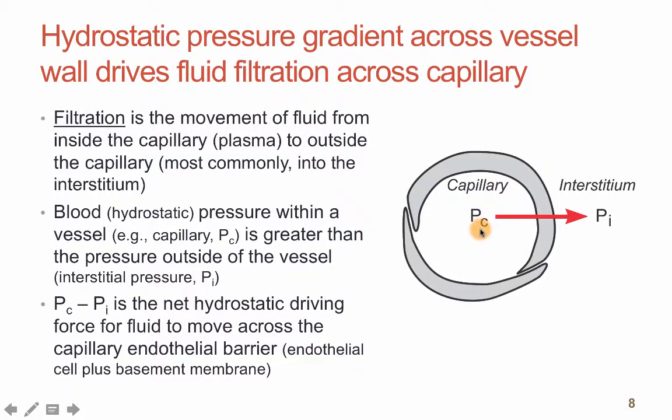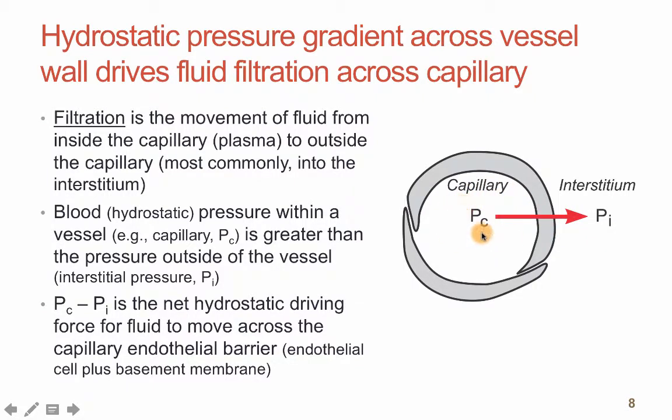Normally, in capillaries, fluid is moving out of the capillaries by a process that we call filtration. So fluid is leaving the plasma space, passing through the capillary barrier into the interstitium. And this is primarily driven by the hydrostatic pressure gradient. We have a pressure gradient here because capillary hydrostatic pressure is normally quite a bit higher than the interstitial hydrostatic pressure.